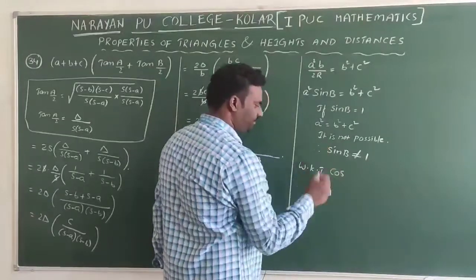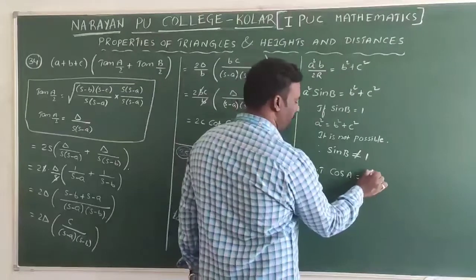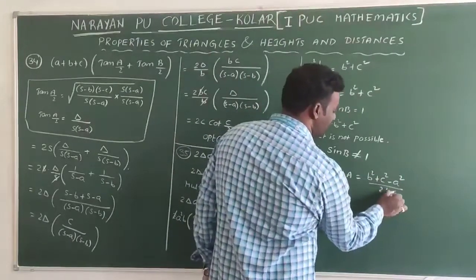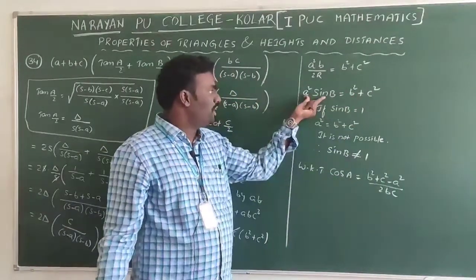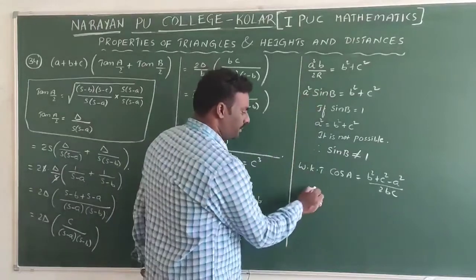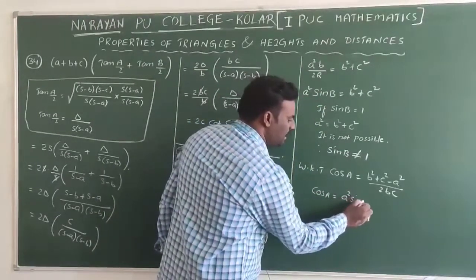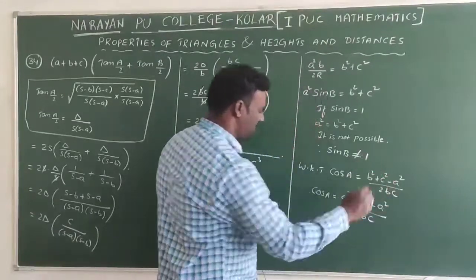If you substitute this below 1 here, we know that cos A is equal to B square plus C square minus A square by 2BC. This is the cosine rule. In place of B square plus C square, I can substitute what? A square sin B. Then cos A equals A square sin B minus A square by 2BC.